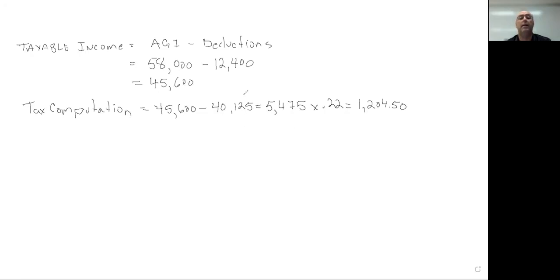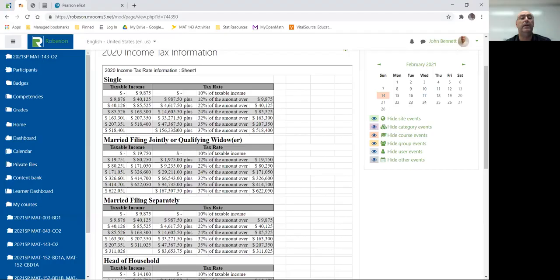But we also have to pay the taxes on the first $40,125, and that was the amount that we had in the table. If we go back and look at the table again, we can see that we need to add $4,617.50 to that final amount.